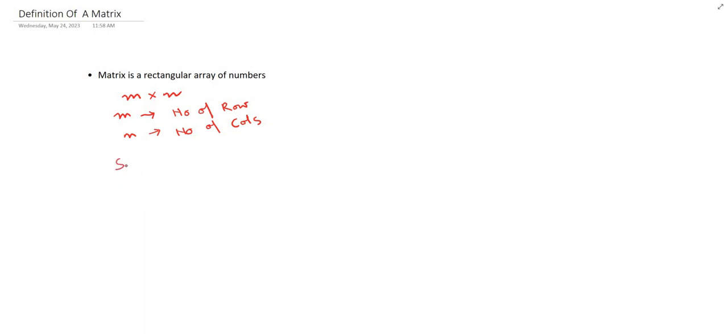First, we will start with a square matrix. A square matrix is where you have the same number of rows and the same number of columns. Okay.